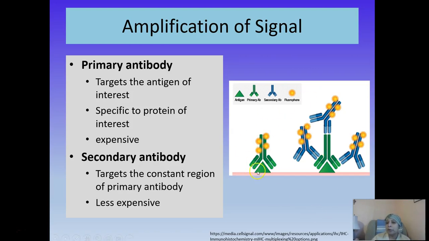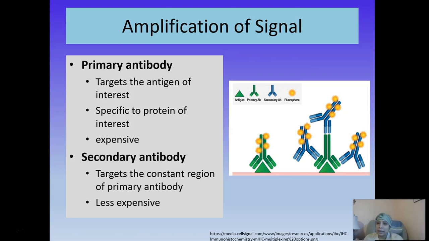So if you were looking at just the primary antibody being detected, then remember, one protein, one antibody. It's going to be a 1-to-1 ratio. Those proteins that are low abundance, you're not going to get very much signal there, are you?